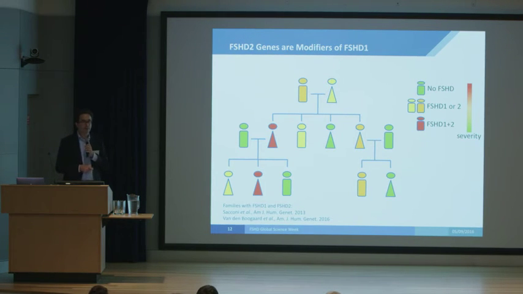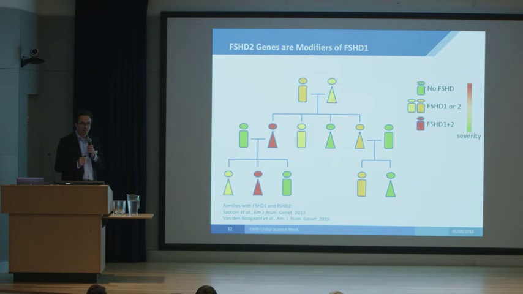So he has FSHD1. The lady over here has a mutation in SMCHD1. So she is a carrier of FSHD2. And if these two mutations come together, and that can happen because one is on chromosome 4 and the other is on chromosome 18, these individuals have both FSHD1 and FSHD2.